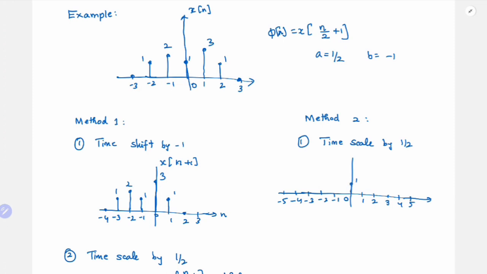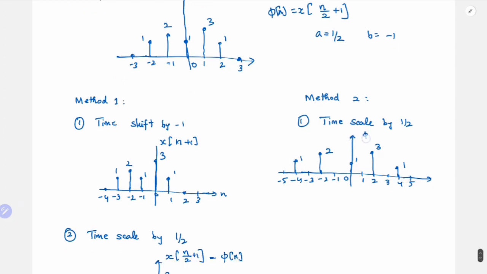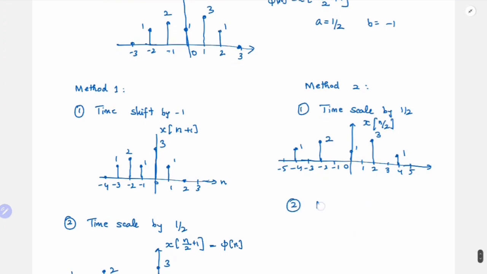So origin it is 1. And then at 1 I have 3, that will go to 2. At 2 I have 1, which will go here. So this is 1. And then at minus 1 I have 2, that will go to minus 2. And then at minus 2 I have 1, which will go to minus 4. Okay, this is my x of n by 2. So there is no time reversal here.